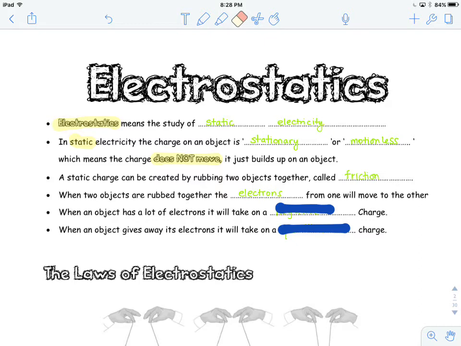One of the really good examples of this is if you take a balloon and rub it against your hair, electrons will move from one object to the other, and both will become charged. When an object has a lot of electrons, it takes on a negative charge, because electrons are charged negatively. When an object gives away its electrons, it takes on a positive charge. And so these are the basics of static electricity.